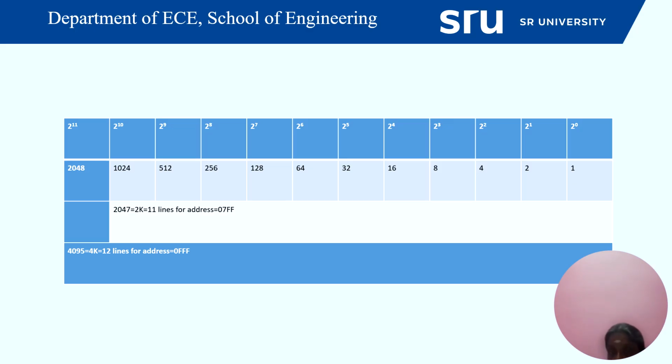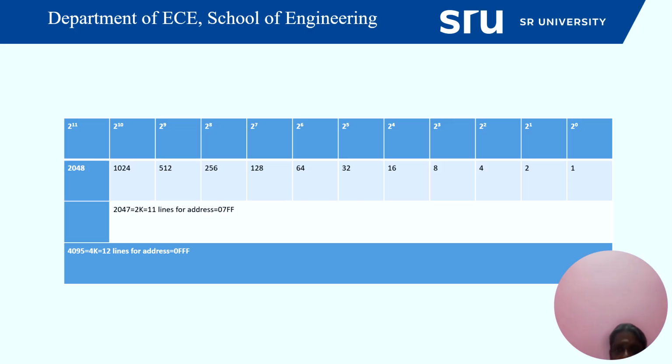So we know 2 power 0, 2 power 1, 2 power 2, 2 power 3, 2 power 4, 2 power 5 up to 2 power 11, because we are using 2 kilobyte and 4 kilobyte only. That is why I am writing up to 2 power 11 only.